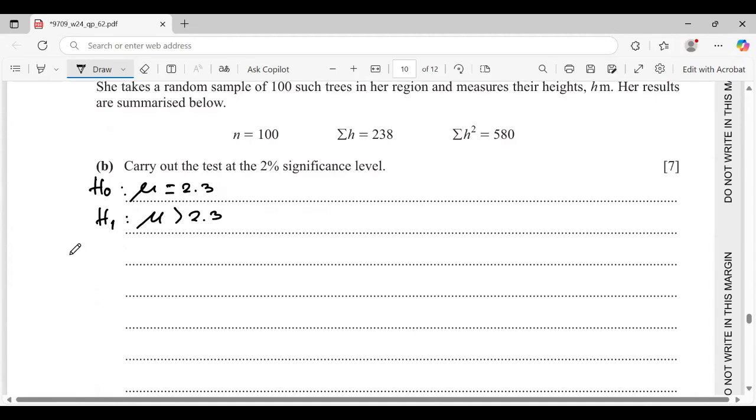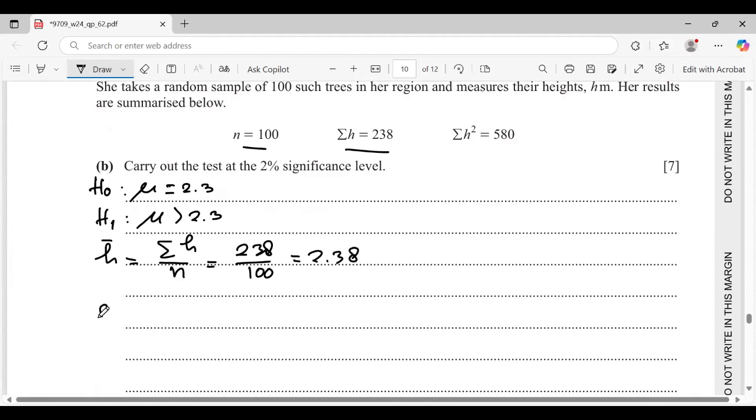After that, we're going to find the sample mean and the sample variance. Mean first. Mean equals sigma h over n, sigma h is 238 over 100. The sample mean equals 2.38.